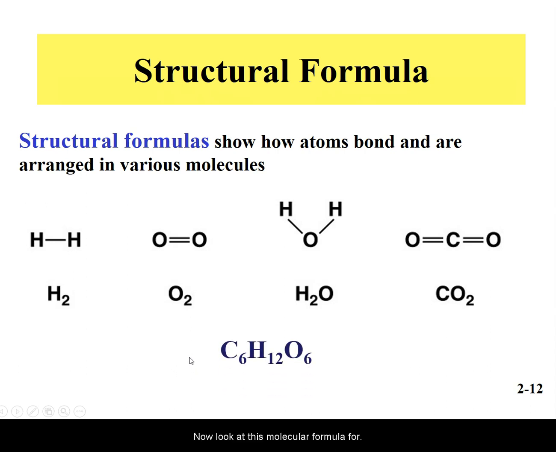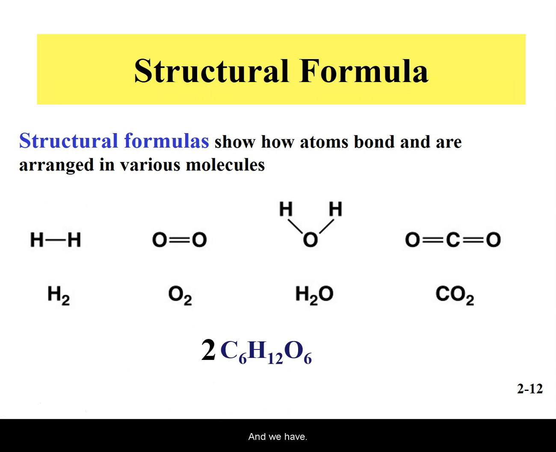Now look at this molecular formula for glucose. So that's carbon, hydrogen, and oxygen, but 6 carbon atoms bonded with 12 hydrogen atoms and 6 oxygen atoms. Okay, because this has a 2-to-1 ratio, we know it's a carbohydrate, and it happens to be a monosaccharide, which means 1 simple sugar.